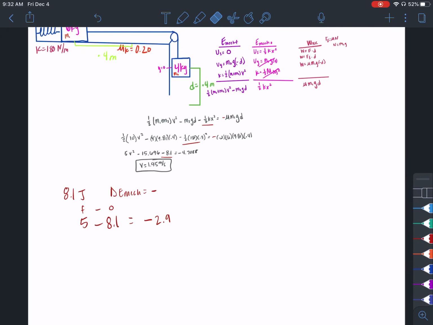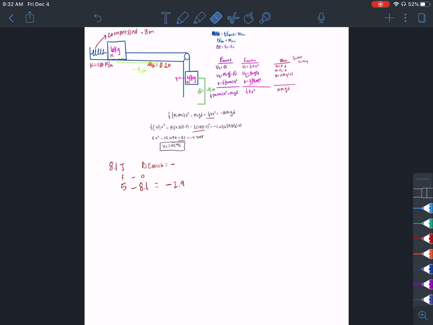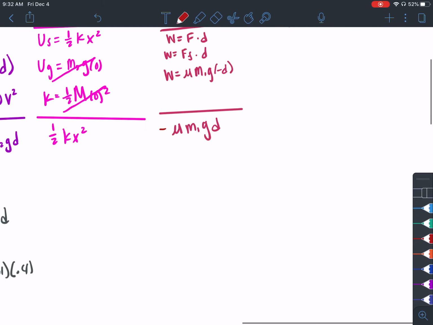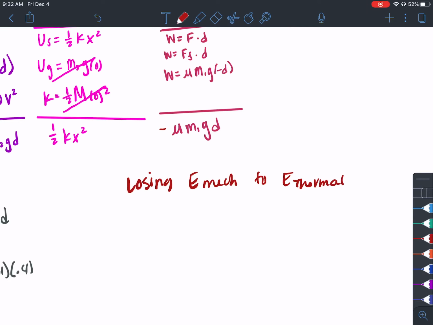So I'm just really trying to help you guys out there with the negatives. You saw me go through the whole problem, how I figured out why there should be a negative here. But also, you just have to think about what's going on in the problem. And the way that I did that is I knew that we were losing EMEC to E thermal. We know that our energy is being transferred from mechanical to thermal.